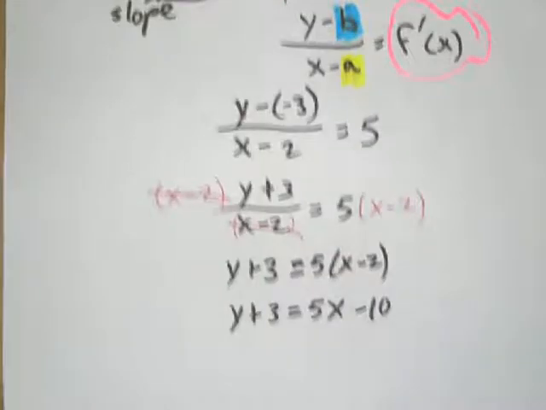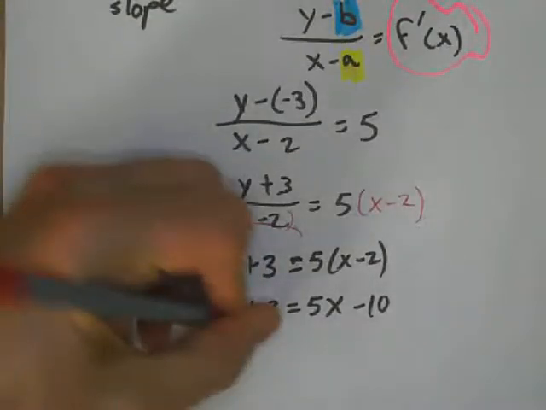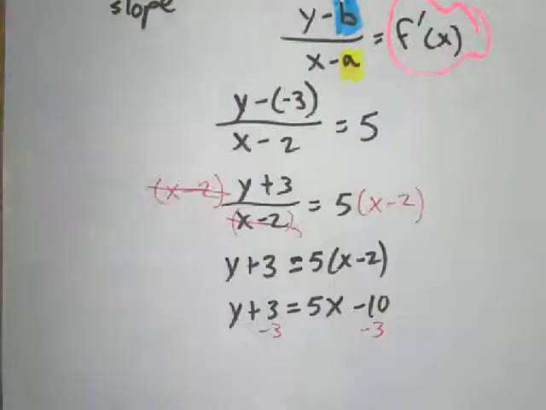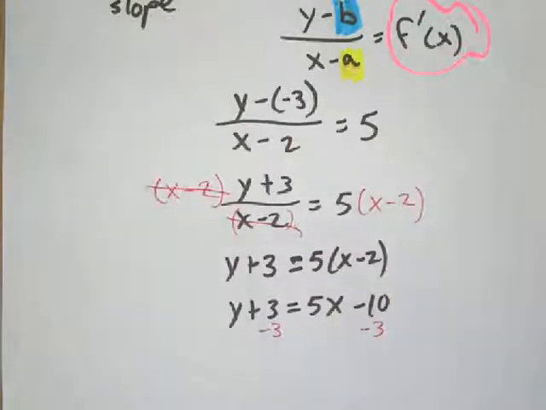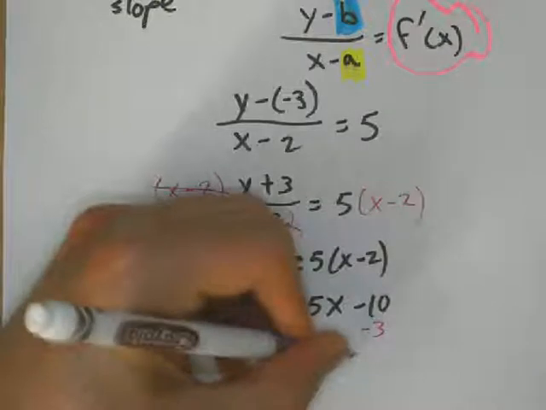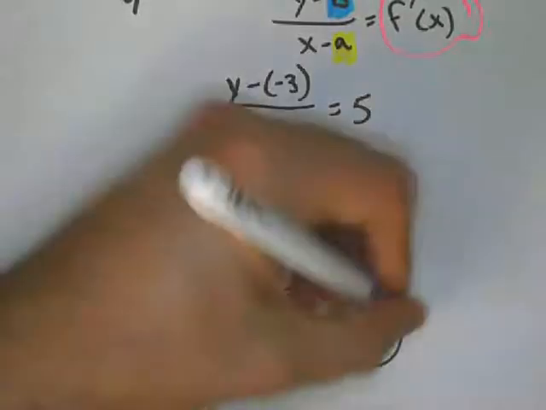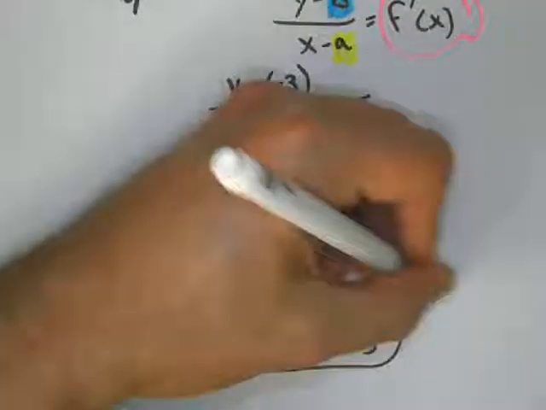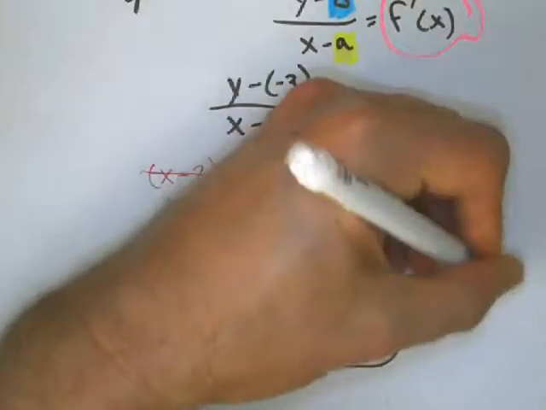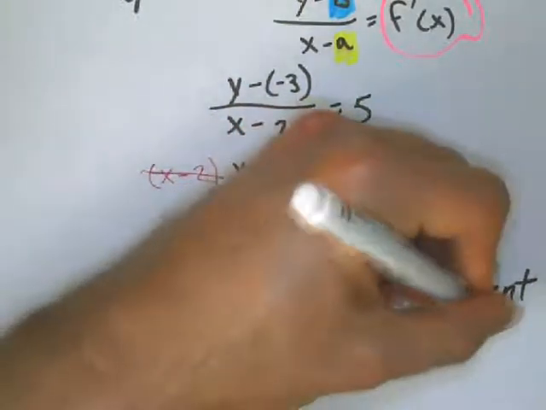And then our final step is to subtract 3 on both sides. And then I get y equals 5x minus 13. And this is the equation of a straight line. And so this is our tangent line equation.